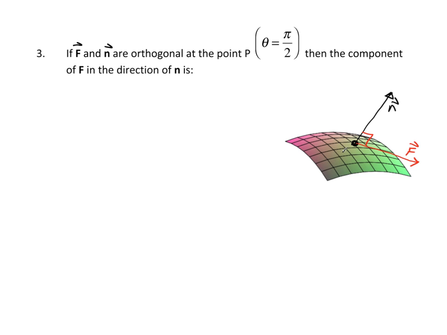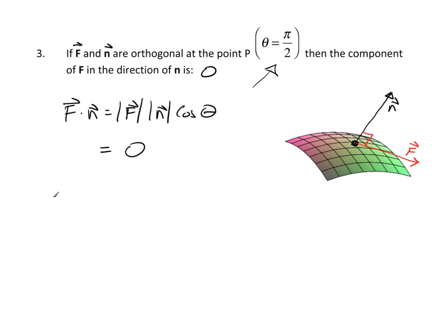If they're orthogonal, then the component is going to be 0. Again, we can get that directly from the dot product: F dot n equals the magnitude of F times the magnitude of n times cosine of theta, where theta equals pi over 2. Cosine of pi over 2 is 0, so this is equal to 0.